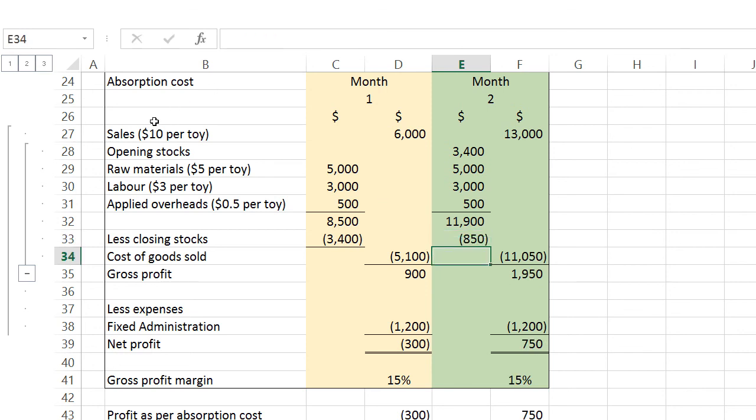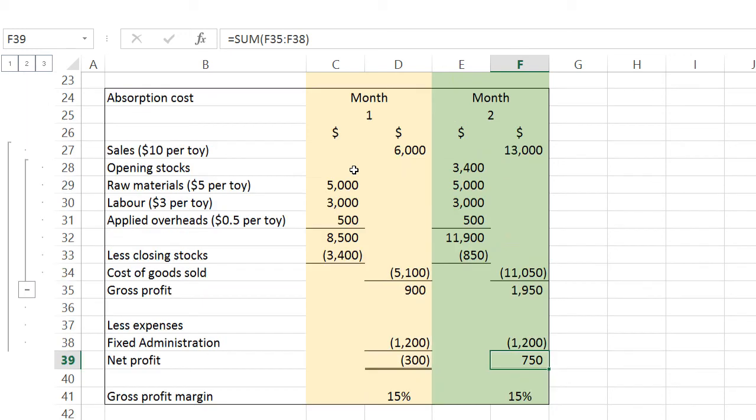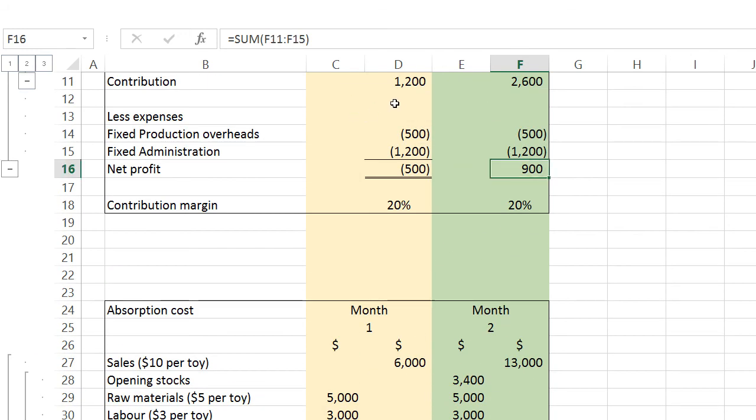It's actually 5 plus 3 plus 50 cents. The reason why there's 50 cents is because each unit that is calculated under absorption cost must include an element of overheads. Okay, so this gives us our cost of goods sold. Revenue minus cost of goods sold gives us the gross profit, and then net profit here is again 750. And notice again, it's exactly different.